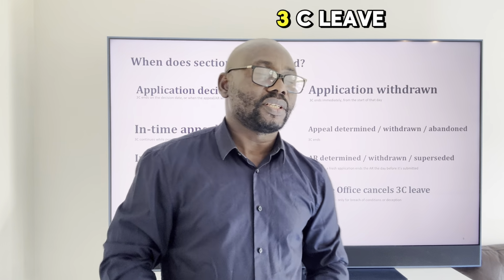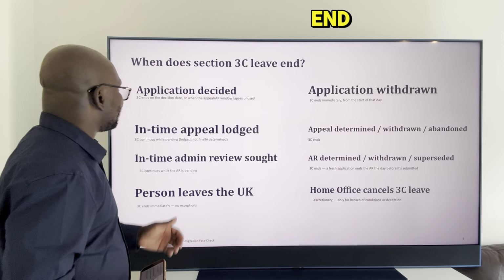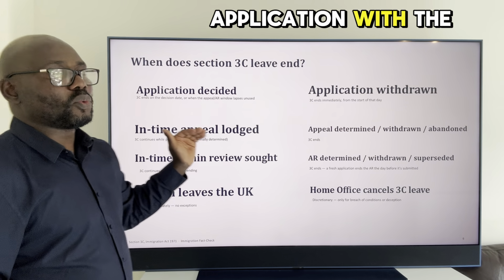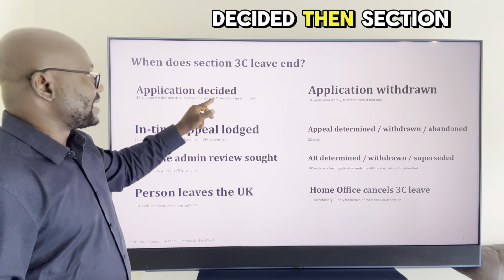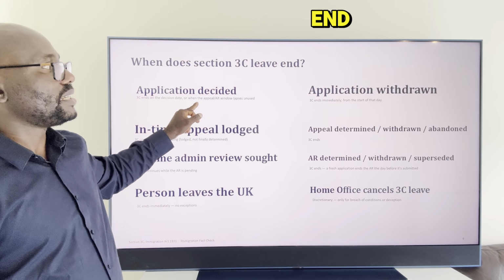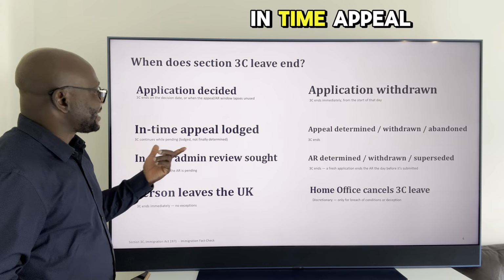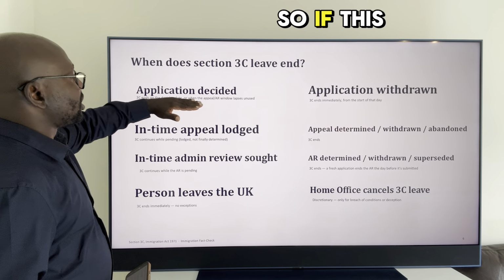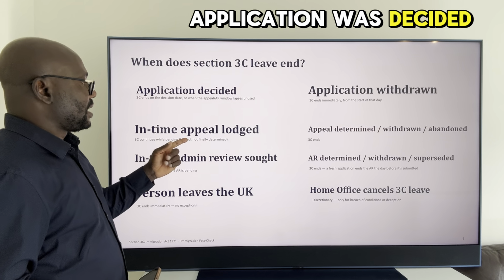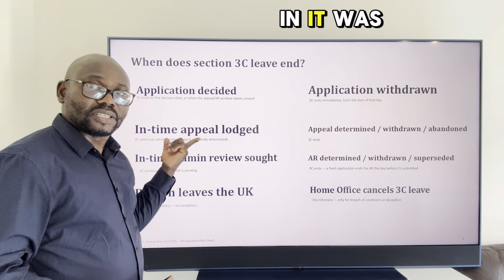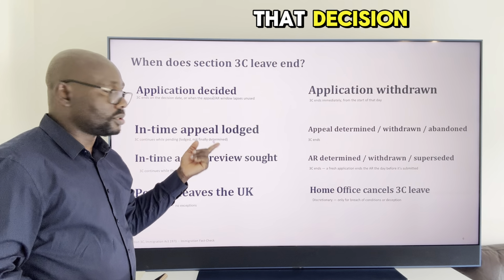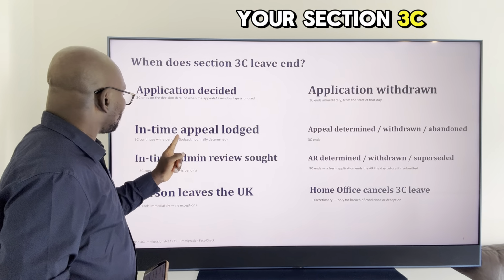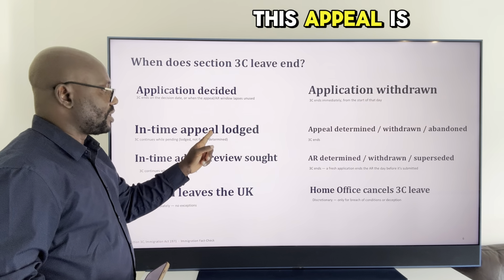Now, when does Section 3C leave end? When your application with the Home Office for extension or renewal is decided, then Section 3C will end. Now, when an in-time appeal is lodged, so if this application was decided and it was a negative outcome, meaning it was refused, and you lodge an appeal against that decision, your Section 3C will continue while this appeal is pending.